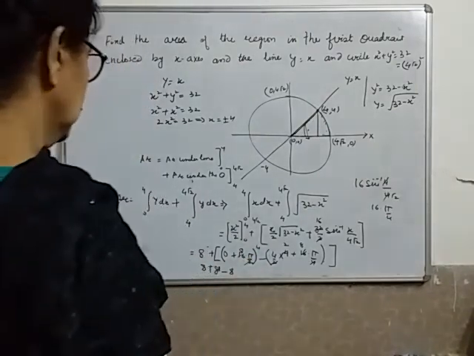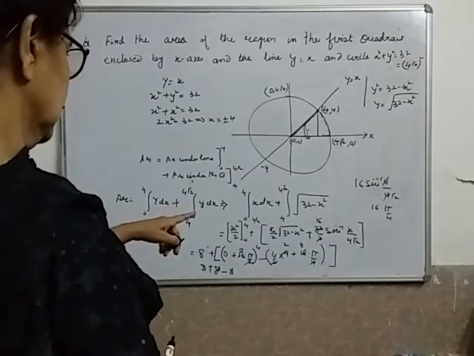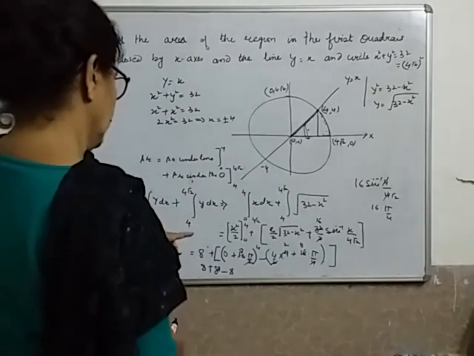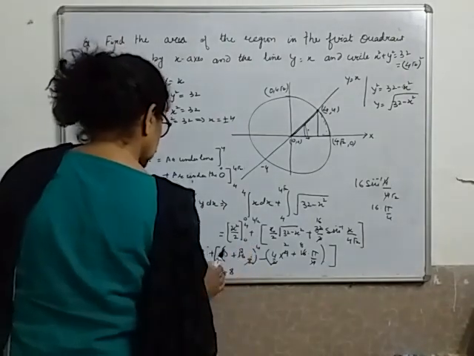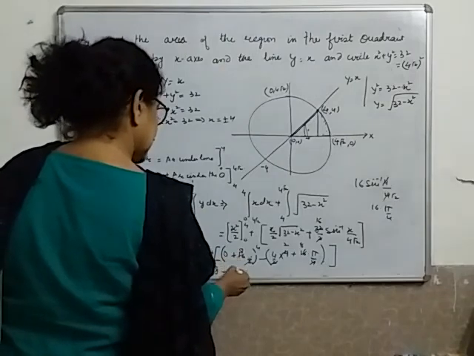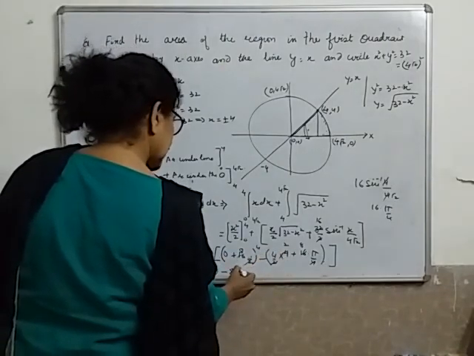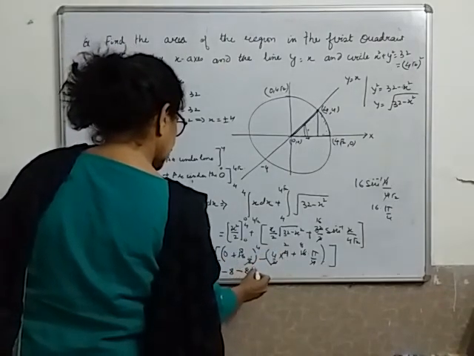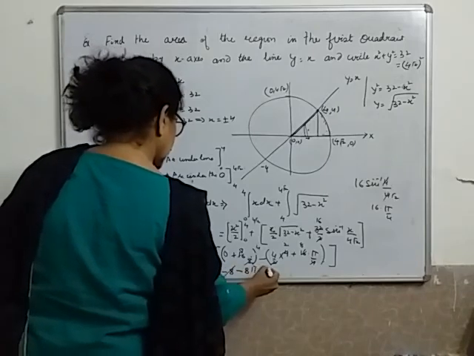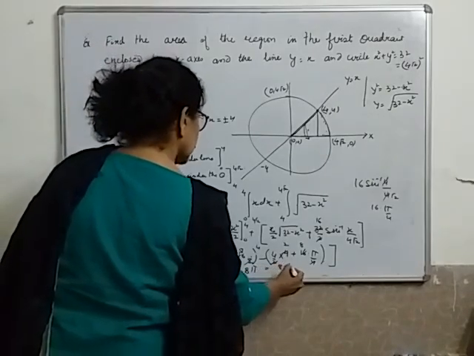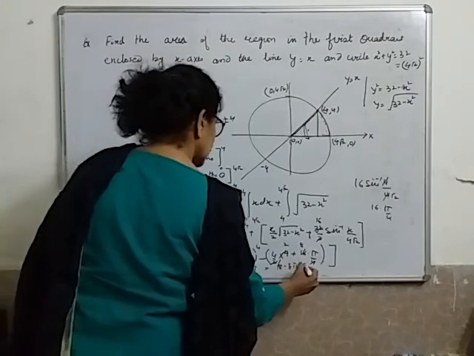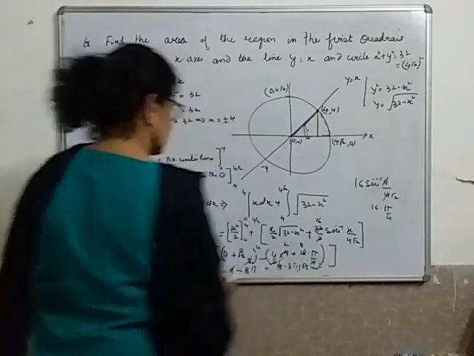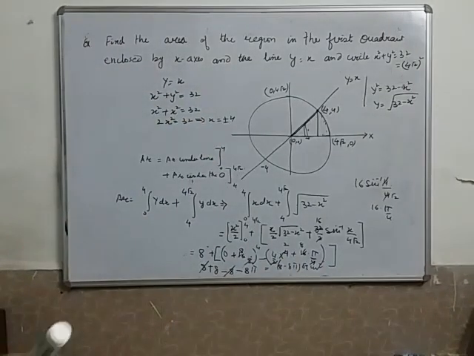Hold on, 8 plus 8 pi. Oh, this is only 16, I'm sorry. This is 8 plus 8 minus 8 minus 8 pi. One 8 goes and I am left with 8 minus 8 pi square units. This is my answer. I think something is wrong.